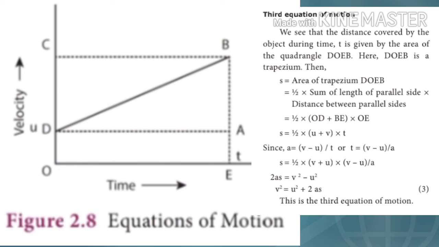By cross multiplication, the denominator goes to the left hand side. So we get 2as equal to v square minus u square. So v square is equal to u square plus 2as. Keeping the v square in the left hand side, we are taking the 2as and u square on the other side. So we get v square equal to u square plus 2as. This is the third equation of motion.